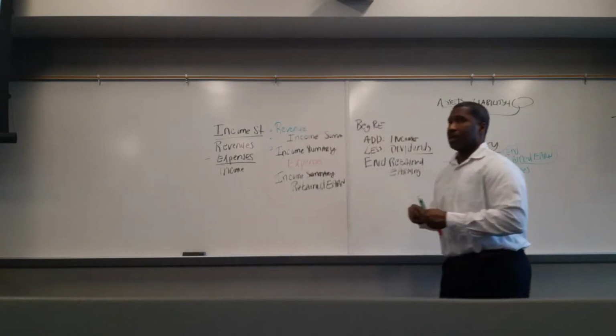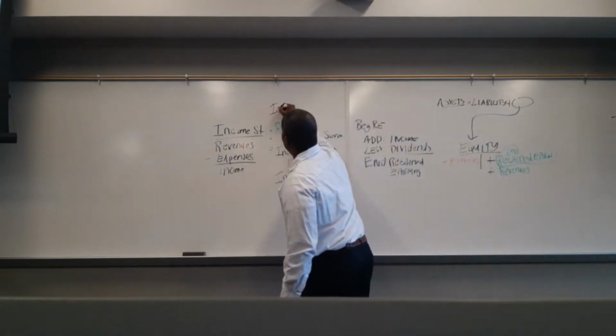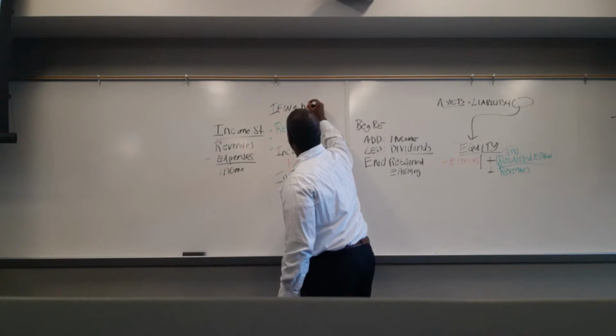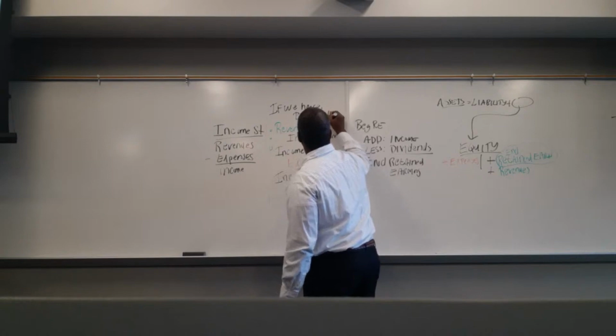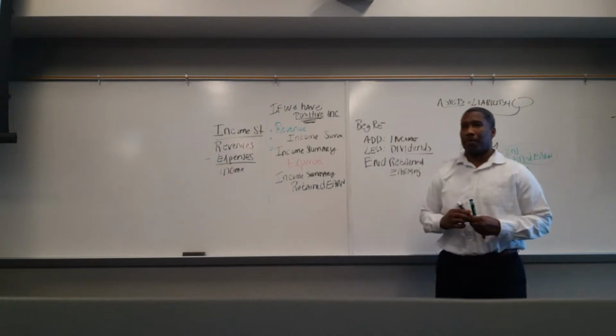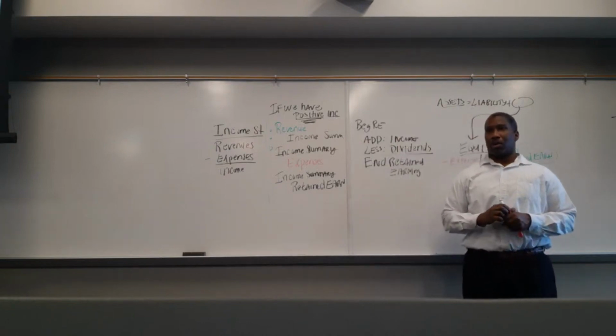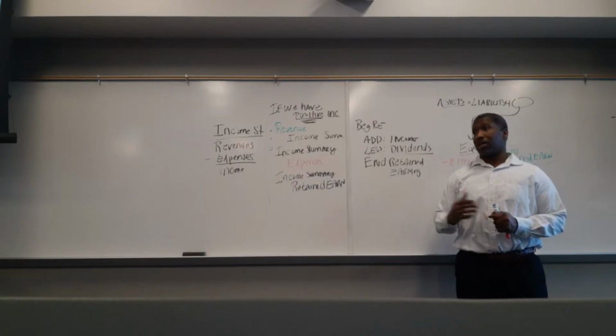This is only if we have a gain, let's say positive income, okay? That's the key word, positive income. All right. Is everybody okay with that? And so that's the pattern.